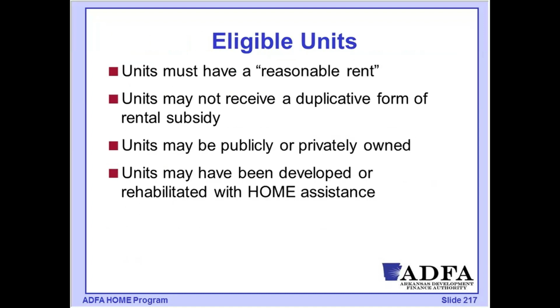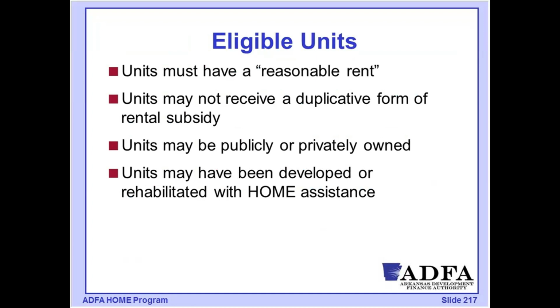For eligible units, well, the units have to have a reasonable rent. As we mentioned, we can't duplicate rental subsidies, so if it's already affordable, we're not going to be able to provide them with tenant-based rental assistance. These units could be publicly or privately owned, and they could be HOME-assisted projects.